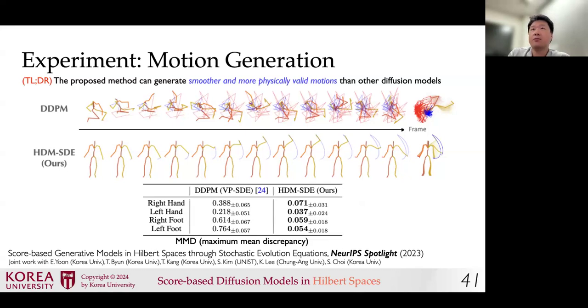For example, you can sample from the Sobolev space, but in this case we choose the RKHS as a typical example. So we consider the forward and reverse SDEs with the Wiener processes in the RKHS. As a result, the proposed HDM SDE can generate smoother and more valid motions, which are statistically close to the original motion data in terms of maximum mean discrepancy, compared to just the DDPM case.